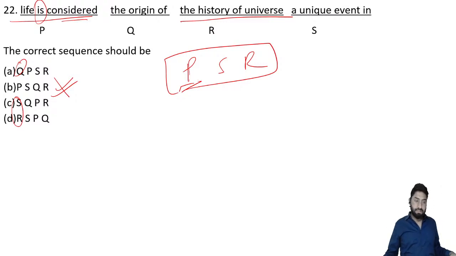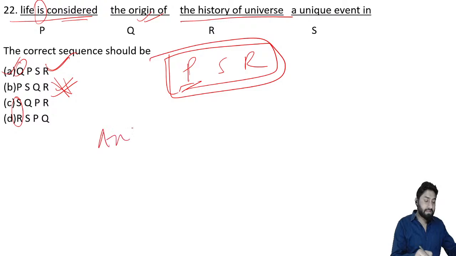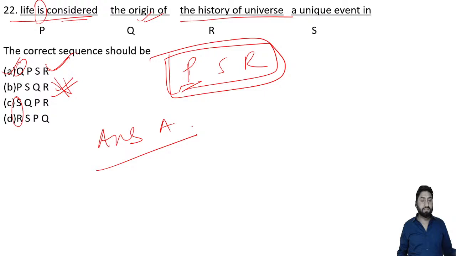So the life is considered a unique event in the history of the universe and the origin of. So this one is the option, right? This is the answer: the origin of life is considered a unique event in the history of the universe. All three have a link, but this will start with this Q. Then you are left with this A. So the answer is A. That's the answer. Now let's move to the next one.